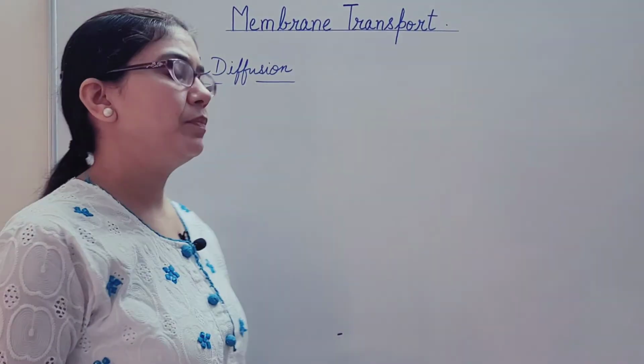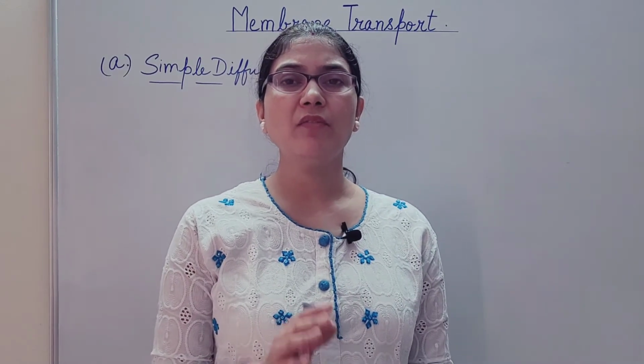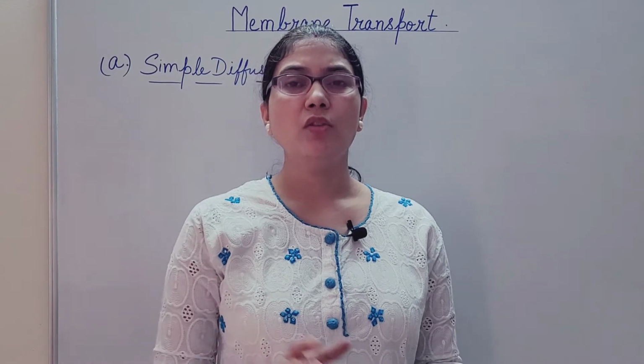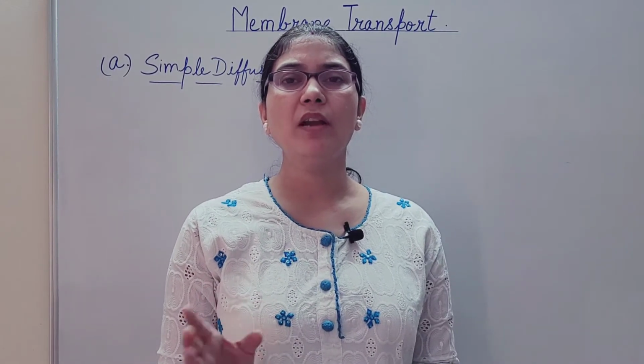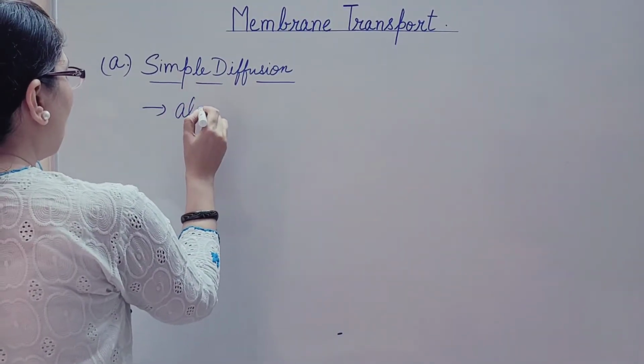Simple diffusion. In simple diffusion, molecules dissolve in the phospholipid bilayer and then diffuse across it. So, it does not involve any membrane protein or transport proteins. It occurs along the concentration gradient.